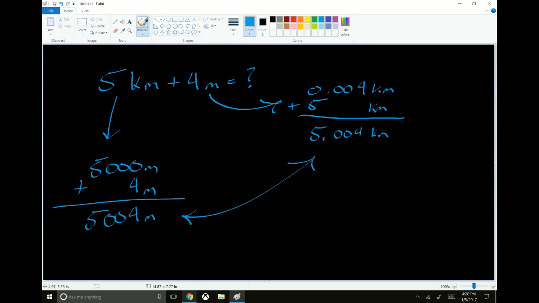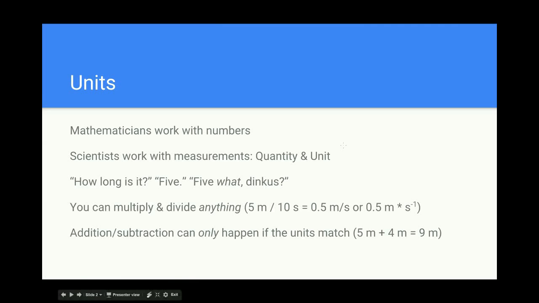These are more or less the same answer. Again, the units differ, which is why the quantity differs. So the units have to be the same before you can add or subtract. Anything can be multiplied or divided by anything. Just remember that you're going to create a new kind of unit when you do that.